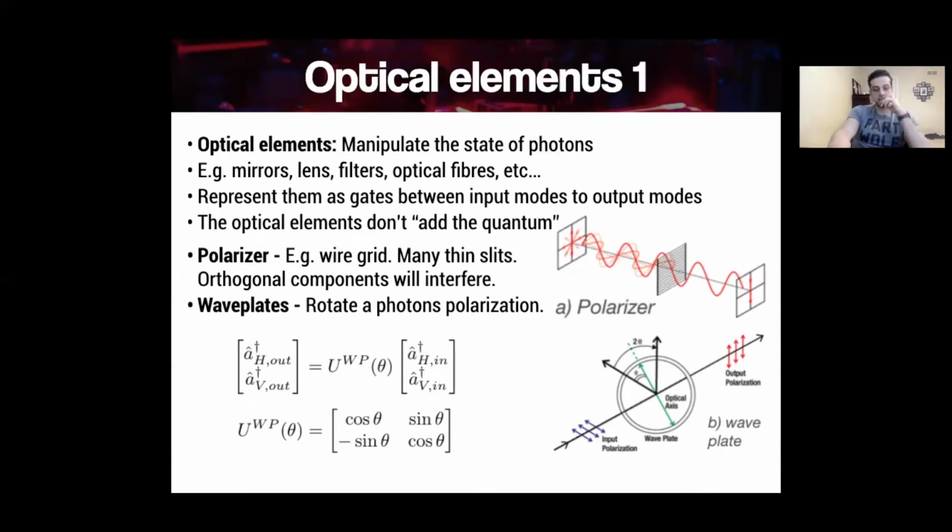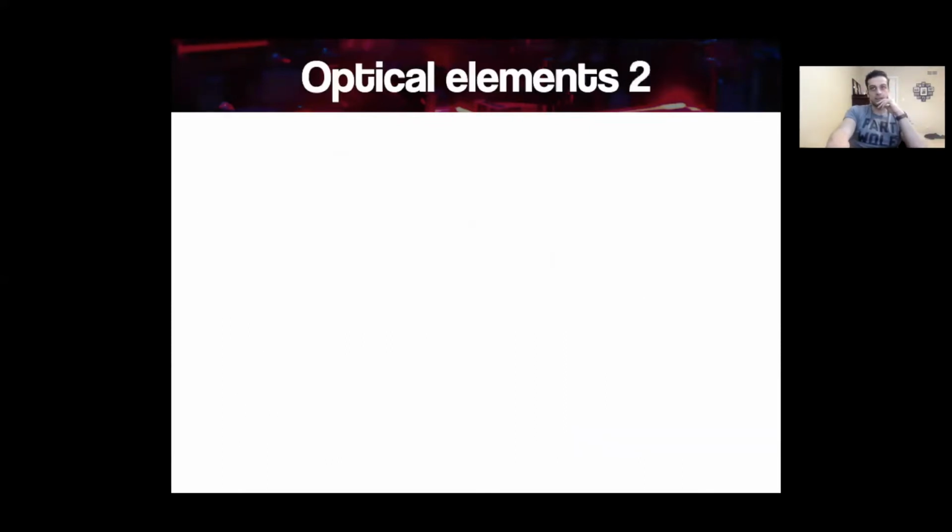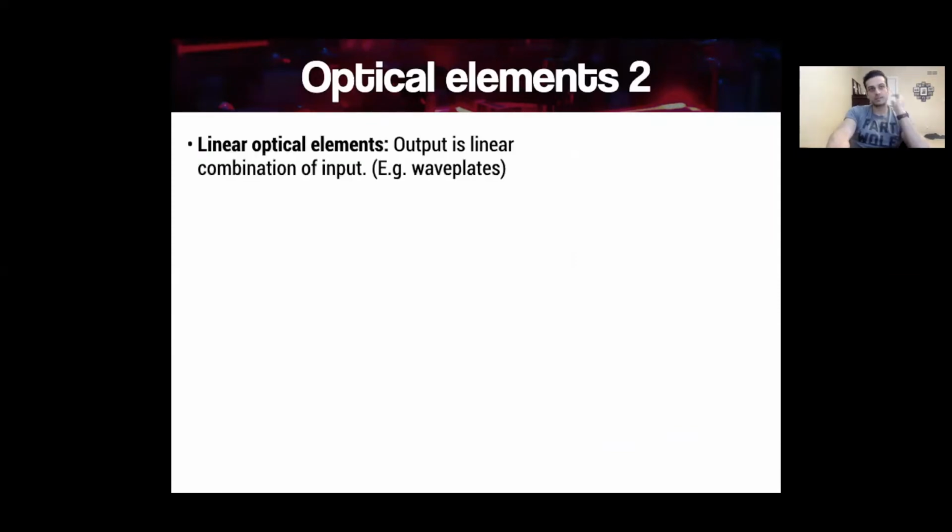So wave plates are an example of a very important class of optical element known as linear optical elements. And the name sort of says it all. The output of a linear optical element is a linear combination of its inputs. So we have some input modes, and these parameters give us the different matrix elements, if we're writing U as a matrix.